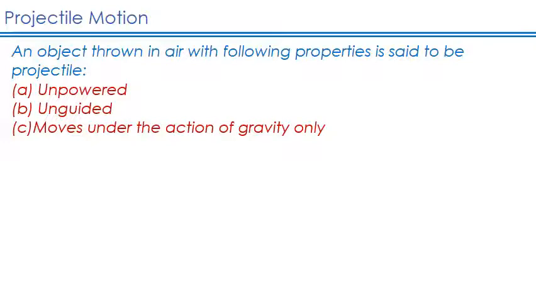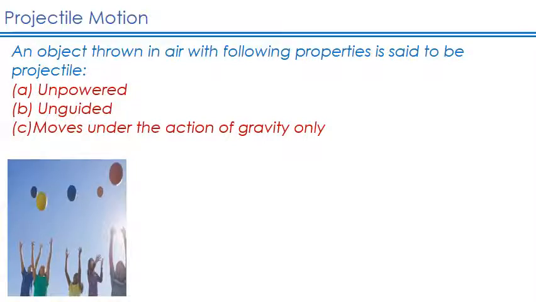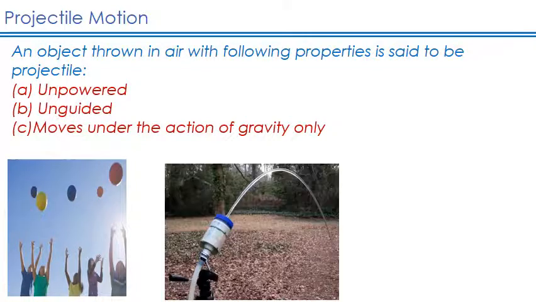Unguided means there is no guiding system and the object cannot change its direction of motion by itself. The only force responsible here is the force of gravity. This kind of thing is called a projectile, and of course when we launch something vertically upward, this is under the action of gravity. That's a one-dimensional projectile which we have discussed already.